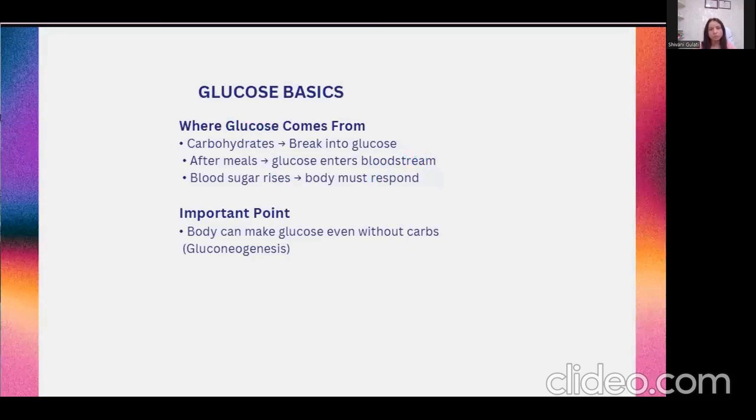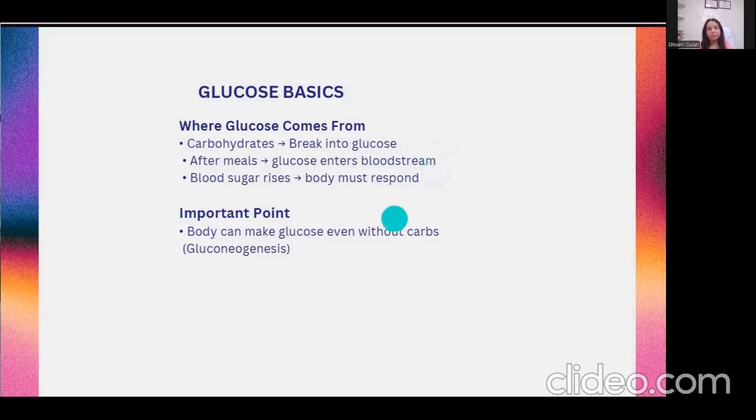This glucose comes as the main source of energy from the carbohydrates we eat, foods like rice, roti, bread and sweets, which are broken down during digestion into glucose. After we eat, this glucose enters the bloodstream, which naturally causes a blood sugar rise.